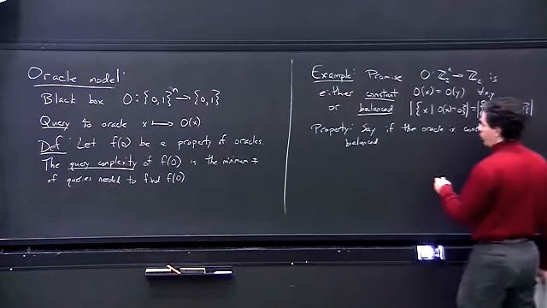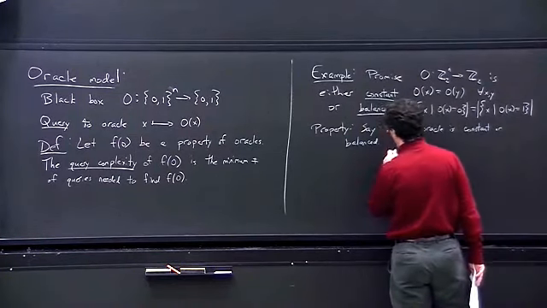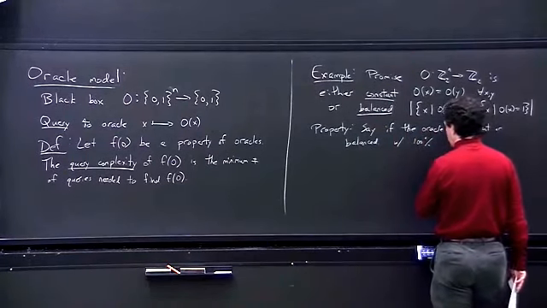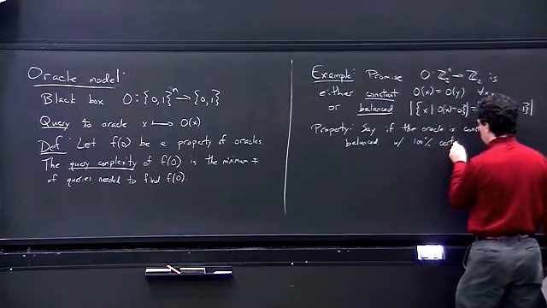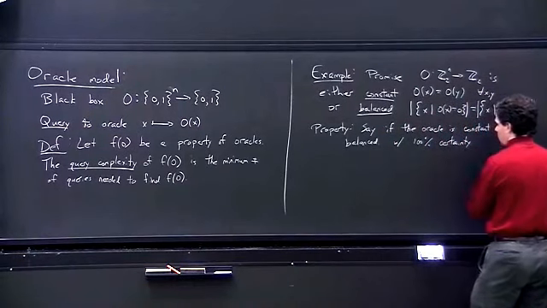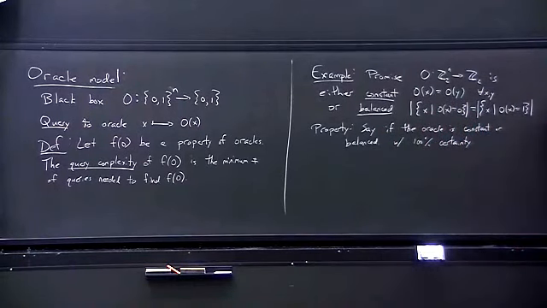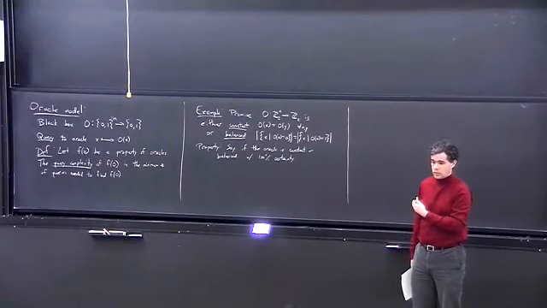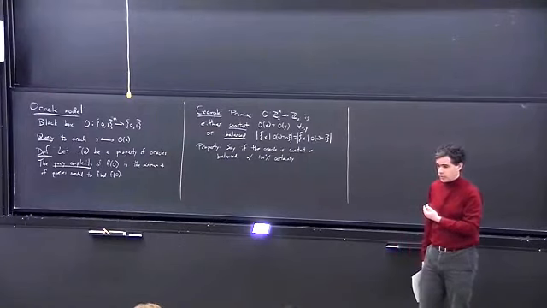I want to get this answer with no chance of being wrong. Okay, so if we do that, how many queries do we need to make to this oracle to figure out whether it's constant or balanced?